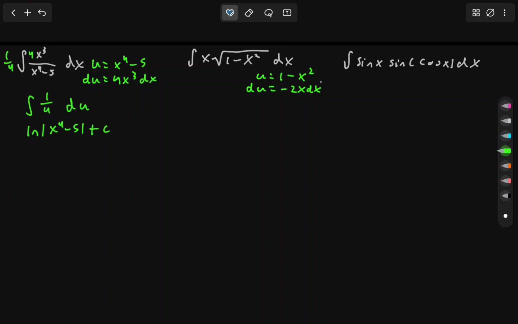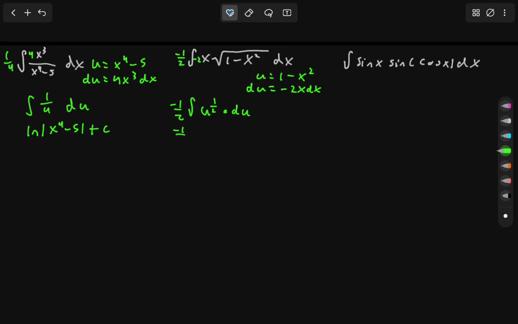Well, now what we have to do is we have to spawn in -2 instead. So we get -2 and -1/2 on the outside. We're going to say that this is going to be -1/2 times the integral, doing our substitution now, u to the power of 1/2. Our u is 1 minus x squared, so I just pulled out the radical and called it 1/2, times our differential du.